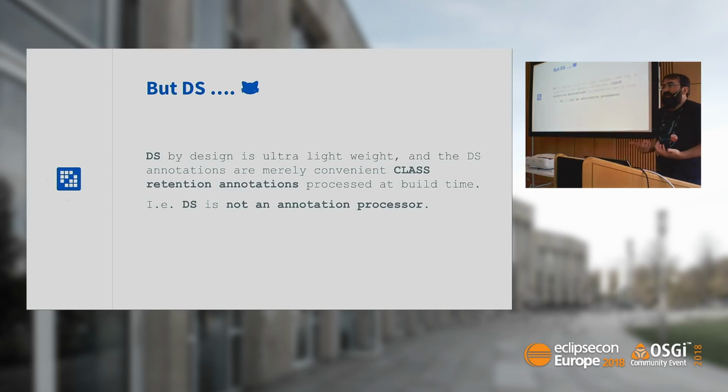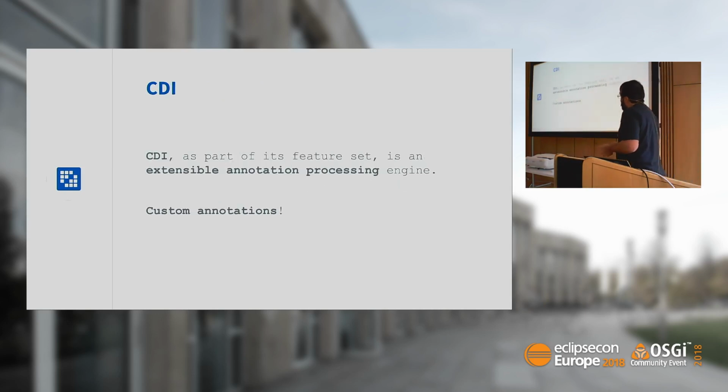It knows nothing about doing this kind of thing. So CDI, although much more complex, is basically an extensible annotation processing engine, which means that without modifying the original implementation, I can add some other extensibility to the environment that a developer can consume, and that just seamlessly integrates into the annotation processing, which is extremely powerful.